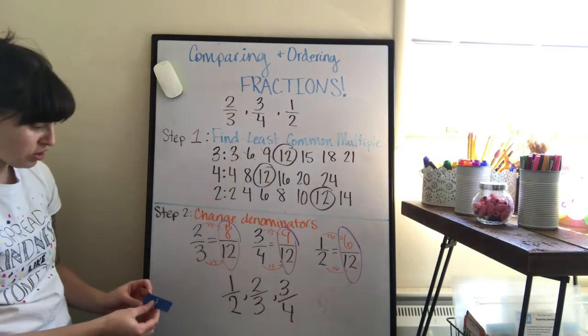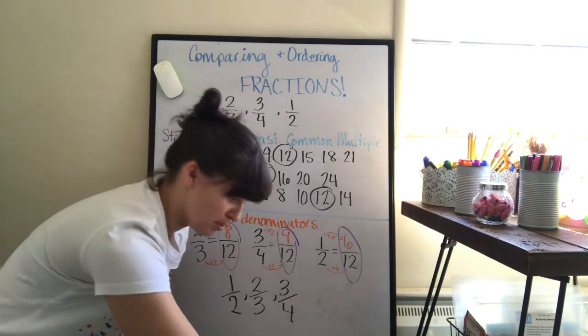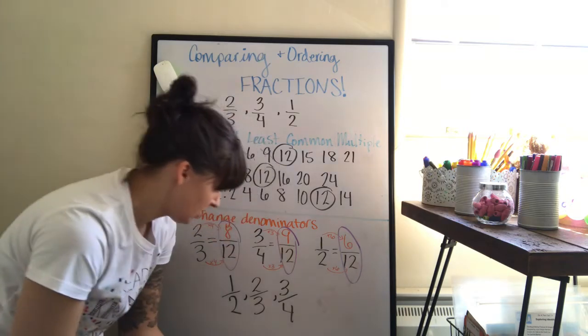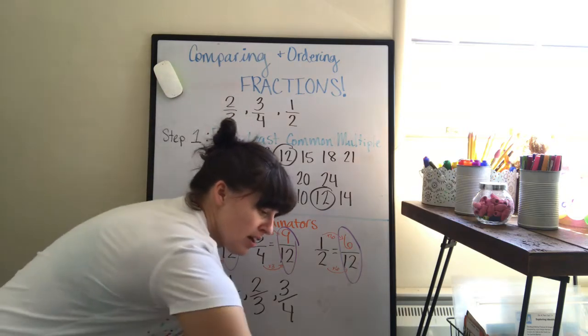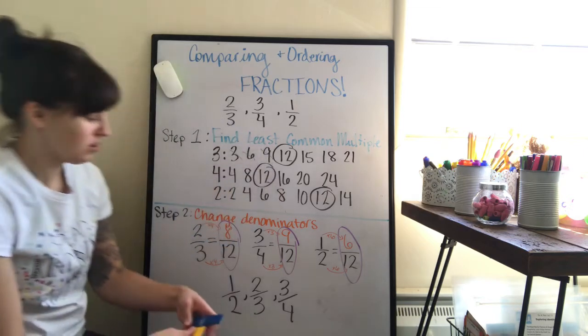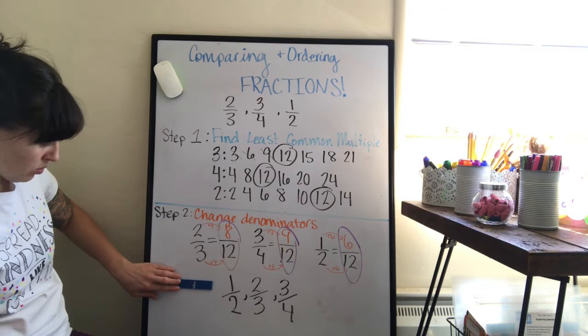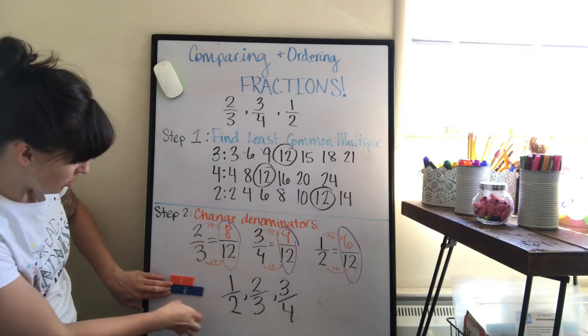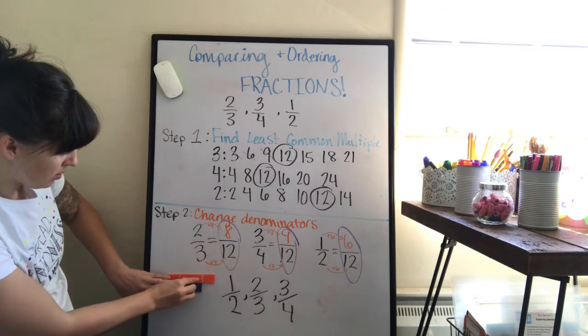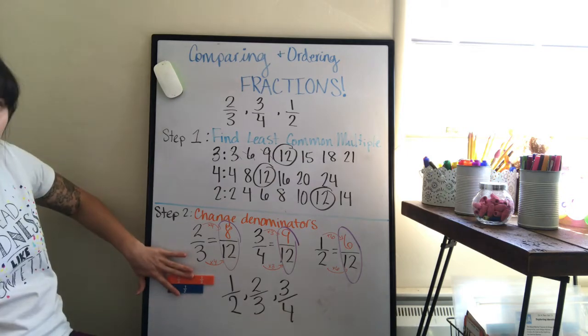So if I was going to show you this on tiles, I don't know if I can hold these up. Let's see. I should have grabbed my magnetic ones. I don't know what I was thinking. So 1/2 should be the smallest one. 2/3 should be bigger. I think we can safely say that 2/3 is bigger than 1/2.